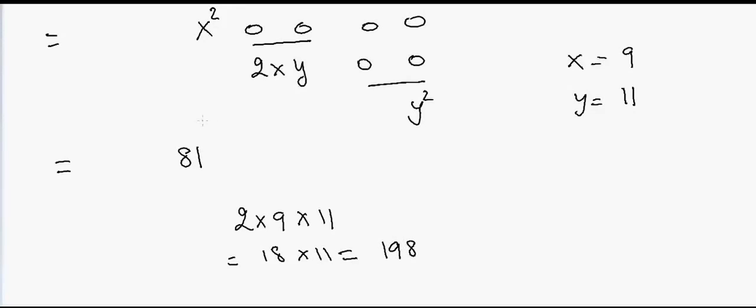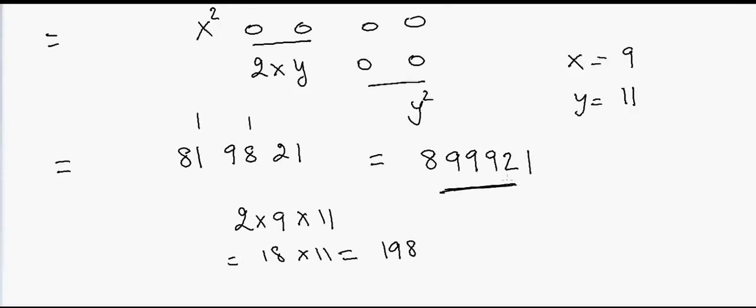So we'll have 198, and then we have y square, so 11 square is 121, so 21 and 1 carried here, right? So in that case the answer would be equal to 899921.